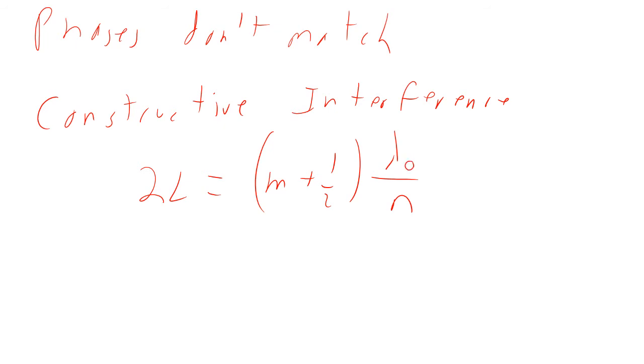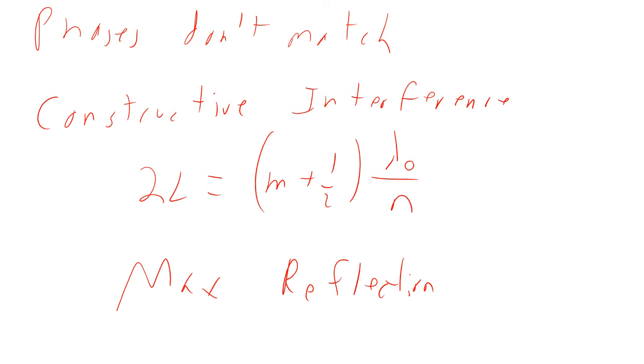So this is going to be our constructive interference, so that is going to be the maximum reflection. Now remember, this is exactly opposite if the phases do match. If the phases do match, then that equation would give us the destructive interference, and so the minimum reflection. So you have to really watch out for whether or not the phases match.